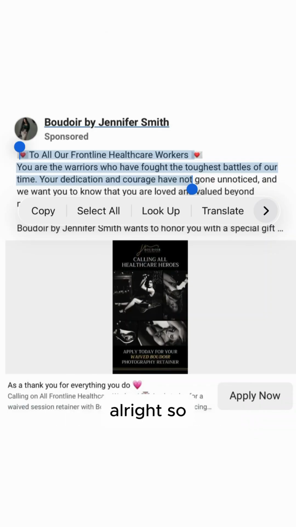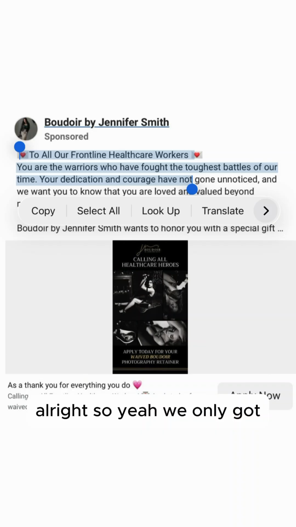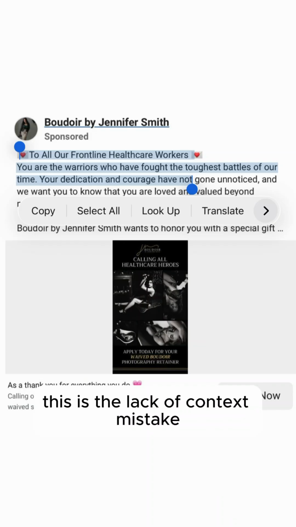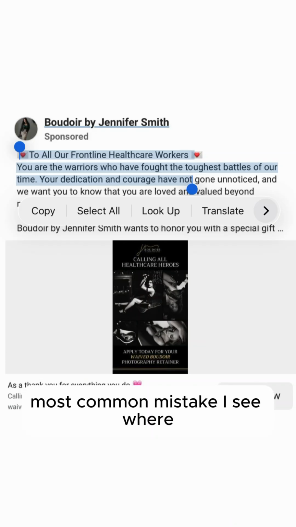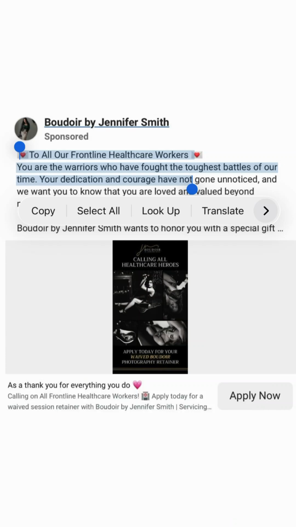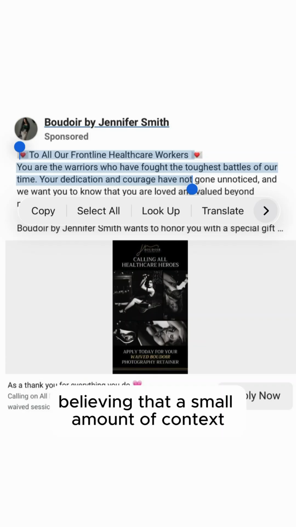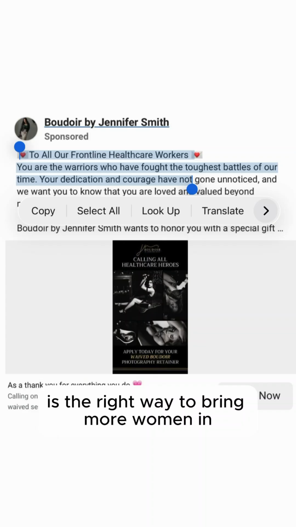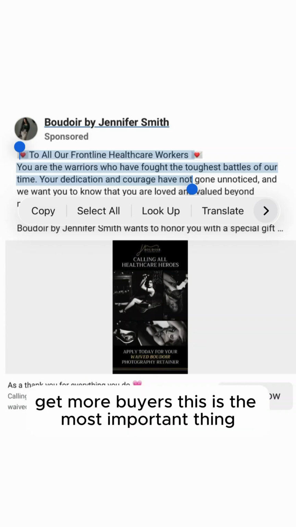All right, so yeah, we only got one point of context here. So yeah, it's just the lack of context mistake, most common mistake I see, where we are believing that a small amount of context in our headline is the right way to bring more women in, get more buyers.